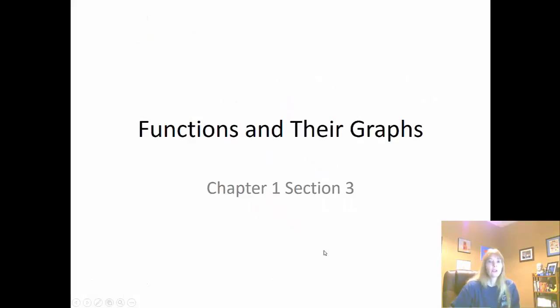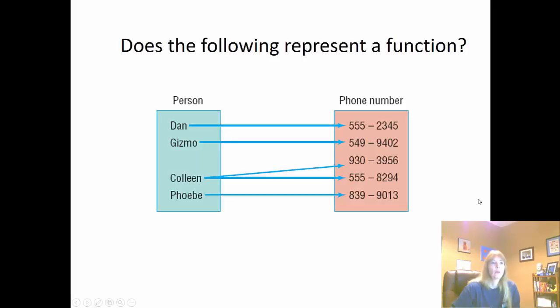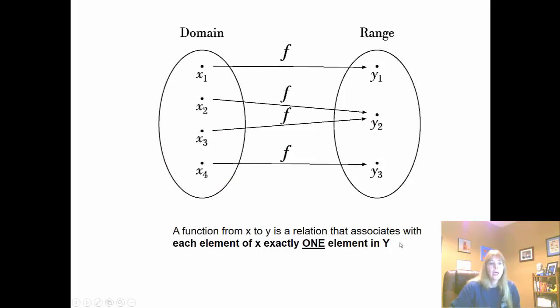And then you got into actual functions. When we talked about functions, we said the big deal with a function is you can't have one x going into two different y values. One input can't have two different outputs. We call the x values our domain, and the y values our range.